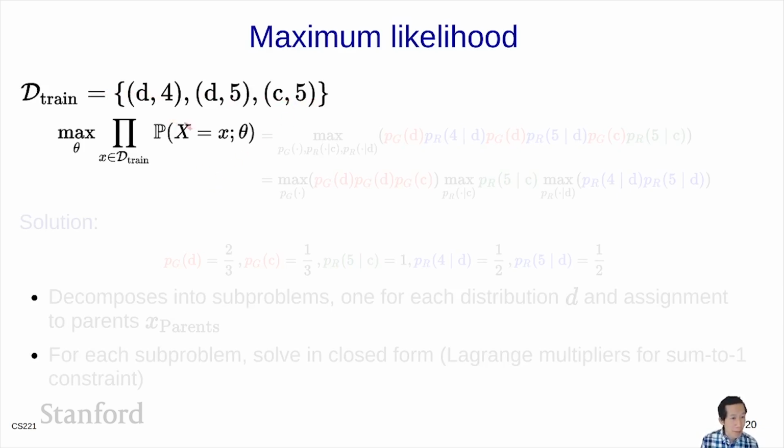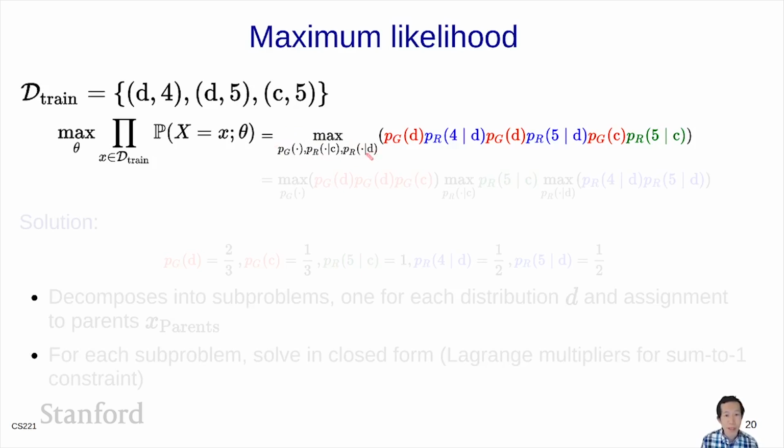If I write down the maximum likelihood objective, I have two variables here. I'm going to expand that. Okay, so I have max over theta, and theta really here is the probability of genre, the probability of rating given that genre is C, and the probability of rating given genre is D.